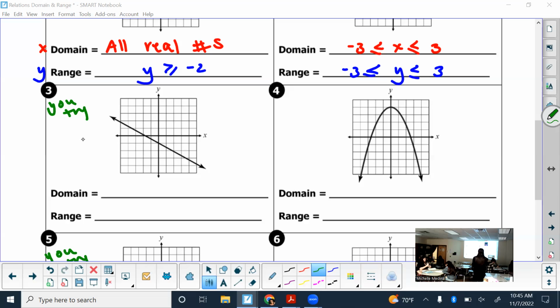Table 2, what tells you that there is no boundary on the x-axis? What part of it? How do you know it's infinite? The end of it has an arrow. Good, thank you. On both ends, actually. So will it eventually go all the way to the left?